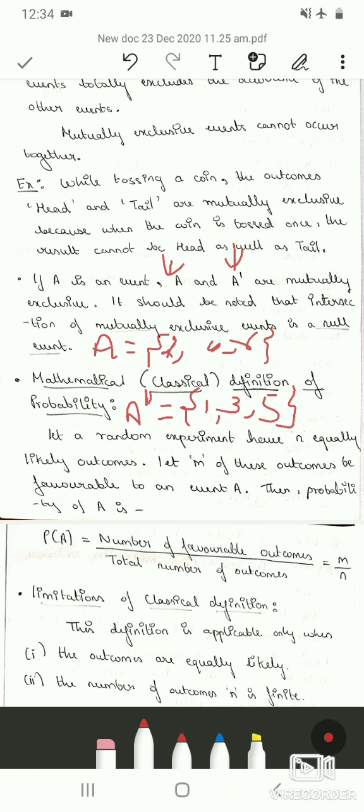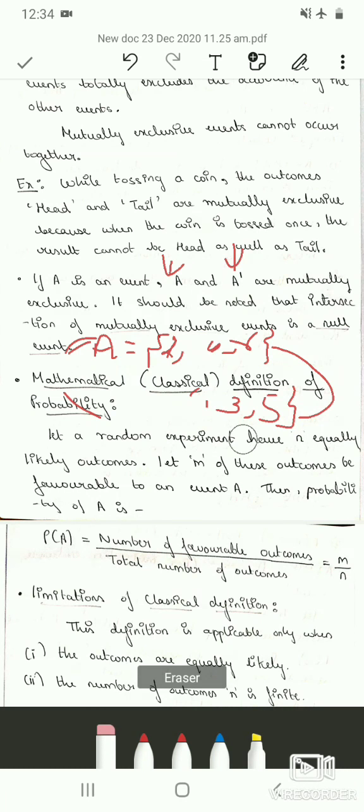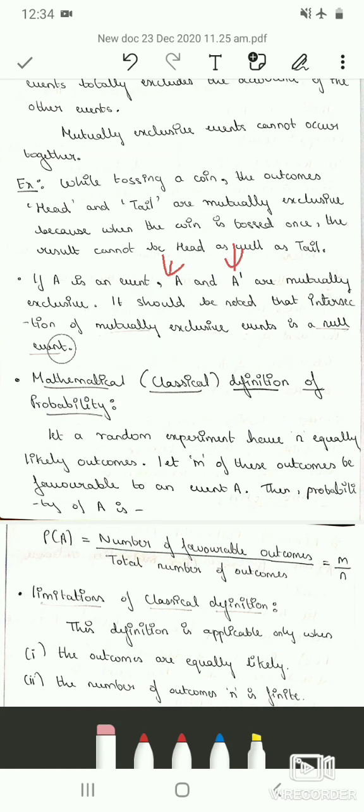These two events are mutually exclusive. So when you take intersection, that is A intersection A dash, there are no common numbers in these two events, 2, 4, 6 and 1, 3, 5. Therefore intersection of A and A dash is 0 or null event.